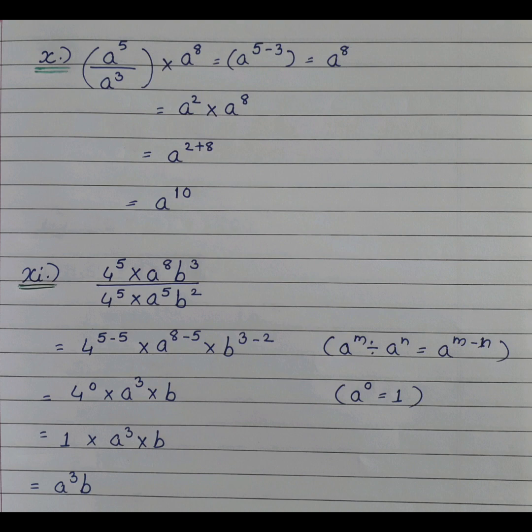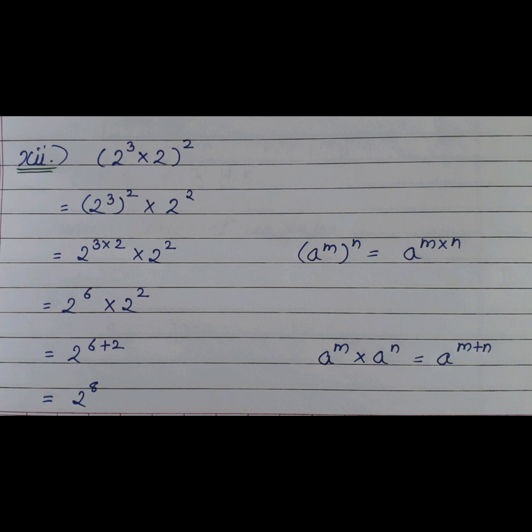So we'll write it as 4 to the power 5 minus 5 into a to the power 8 minus 5 into b to the power 3 minus 2, and on the right hand side we will write down the rule, and the next step will be 4 to the power 0 into a cube into b. As 4 to the power 0 will become 1, I will get 1 into a cube into b, and the answer is a cube b.